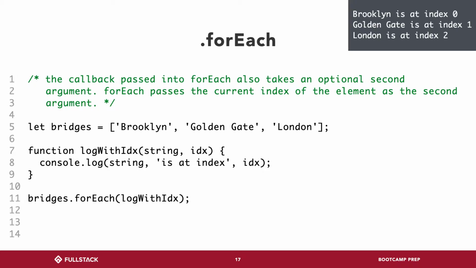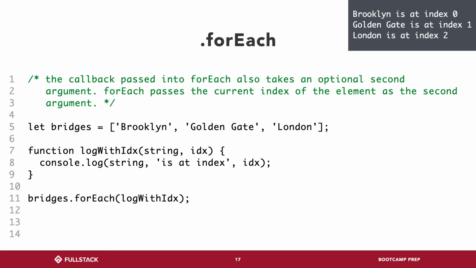Yes. So, let's say you changed index to string and string to index. You said index, string, meaning string is at index. That makes sense from a human perspective, right? But for forEach, the first parameter is always the element, and the second parameter is always the index.